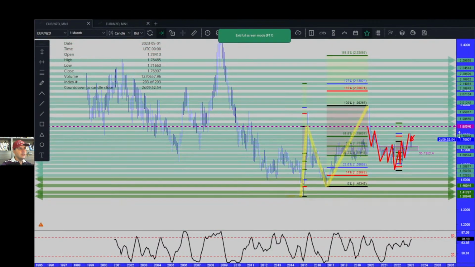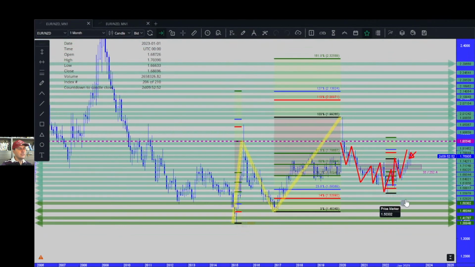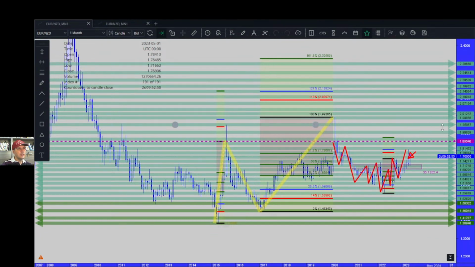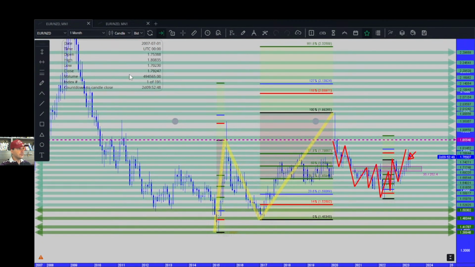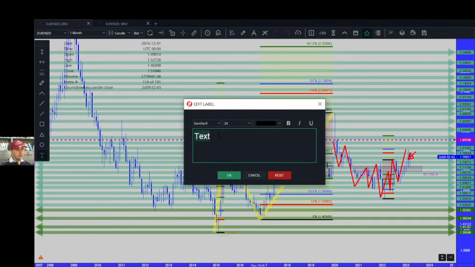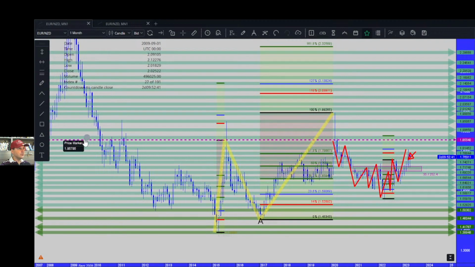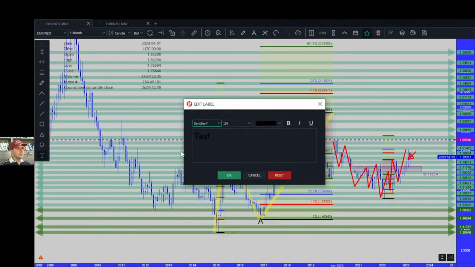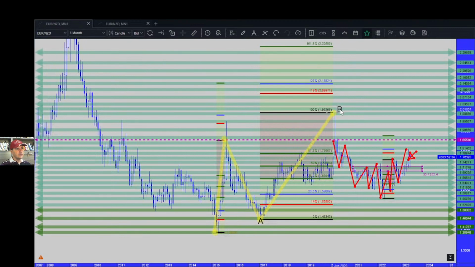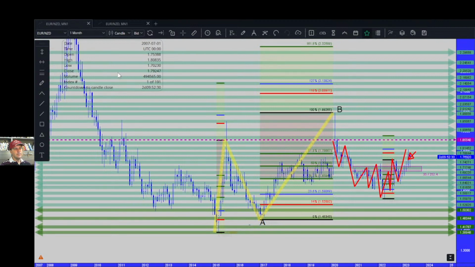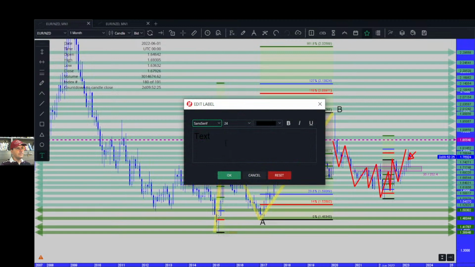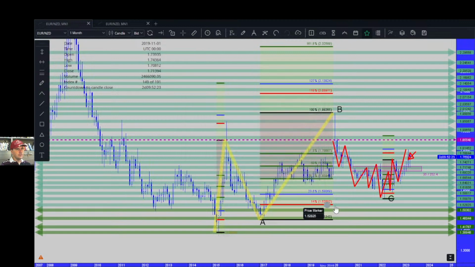Alright everybody, Euro New Zealand monthly chart. Is the original Fibonacci up or down? Check your charts, type in the chat. Euro New Zealand monthly up or down? This is mine. Okay, I have my A here, my B here. Alright, my capital C is down in here.